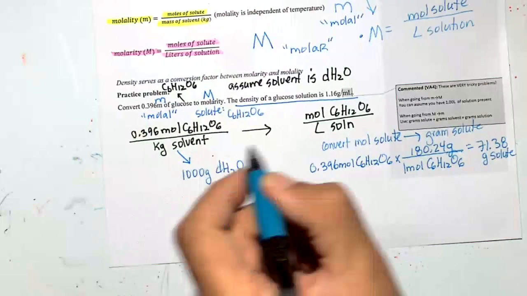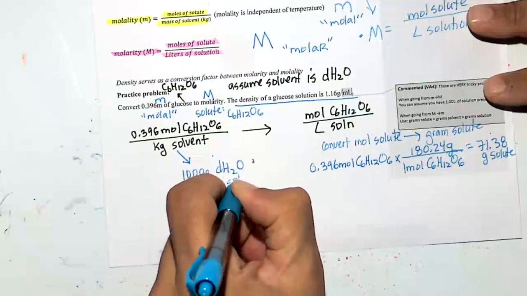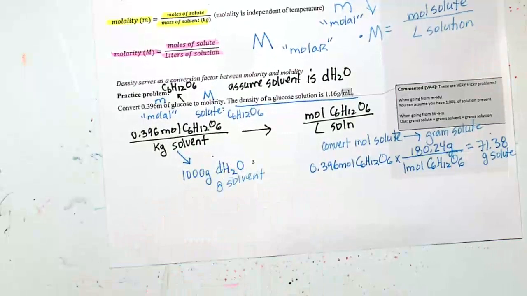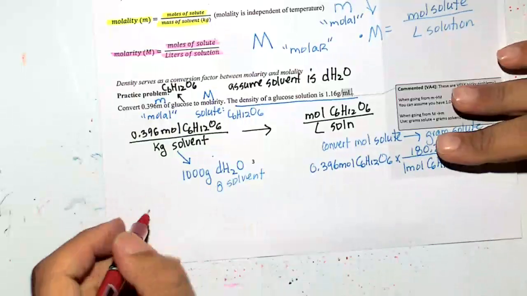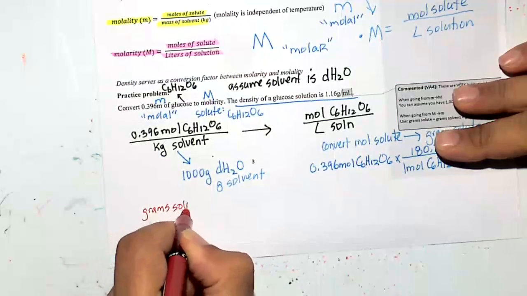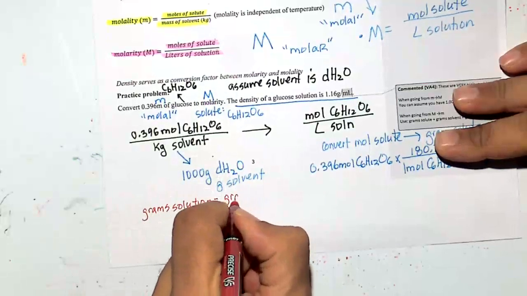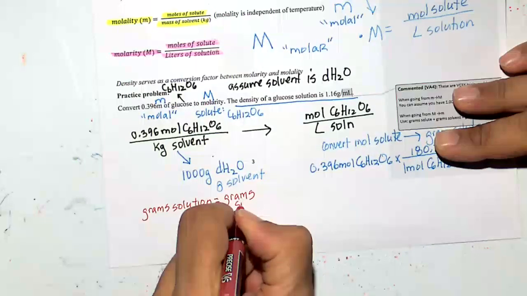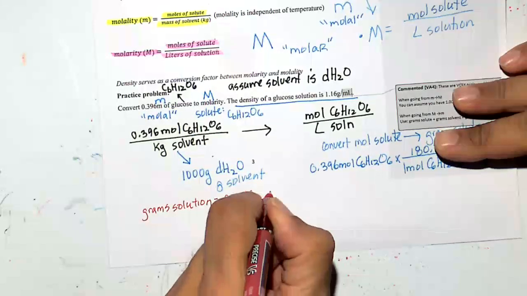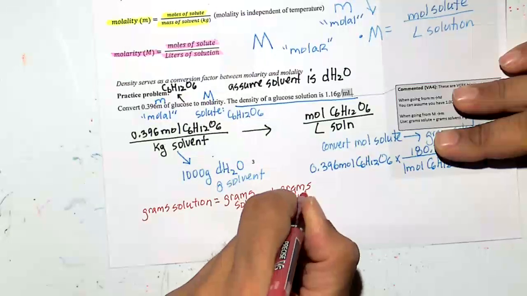So we have grams of solvent, grams of solute, and one thing that we do know is that the grams of solution equals grams of solvent plus grams of solute.